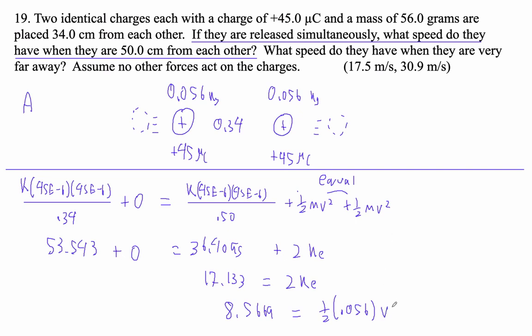We don't know v squared. Okay, so times 2 divided by 0.056 raised to the 0.5. That's 17.5 meters per second. Now that is just when they are 50 centimeters away.